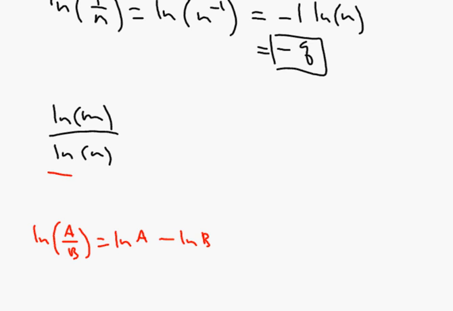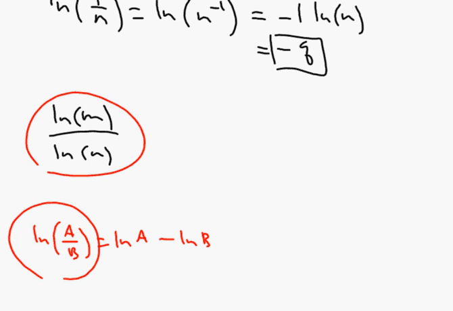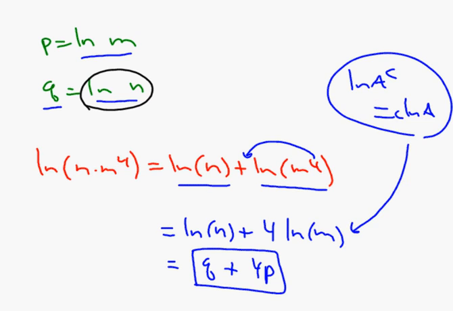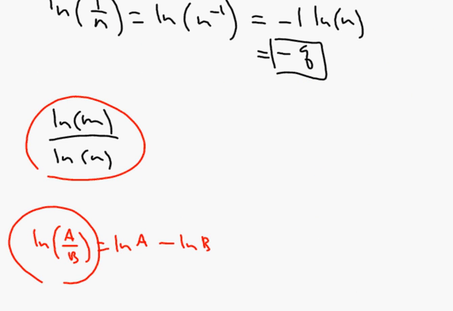And that's not what we have here. These two things do not match. So it's tempting to make this ln of m minus ln of n, but that would be incorrect. You can't apply any of the rules that we have. What can you do? You can go up and just remember, oh, ln of m is p and ln of n is q. So this is just p over q. It's actually a pretty easy question.